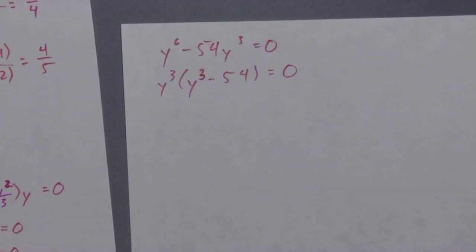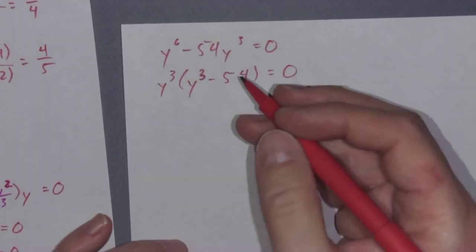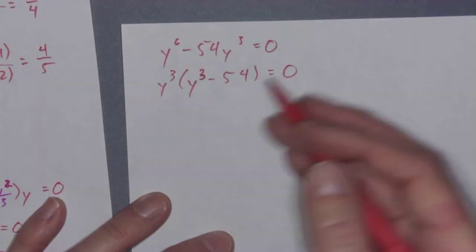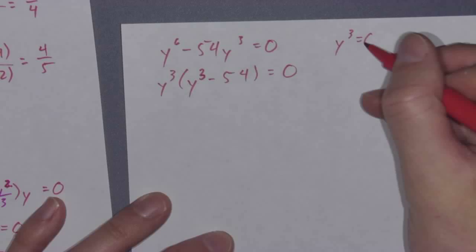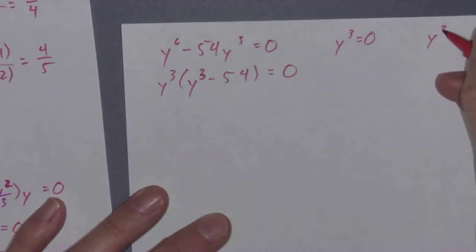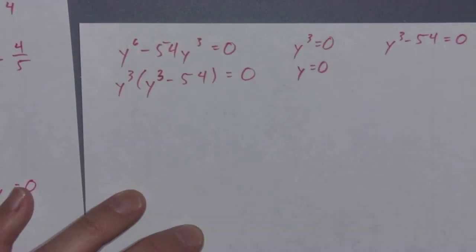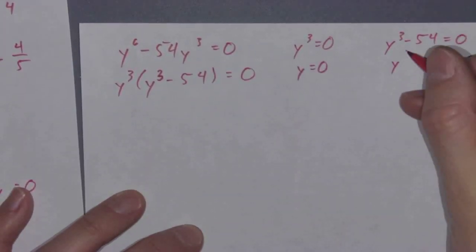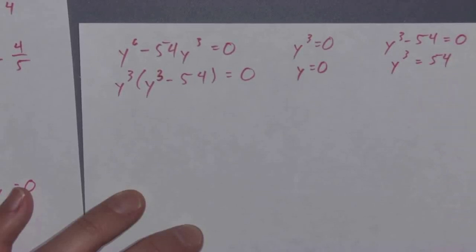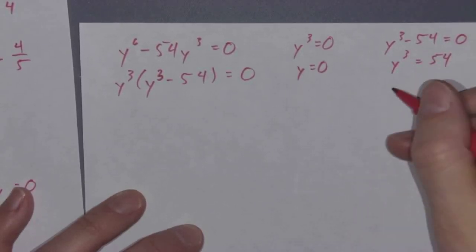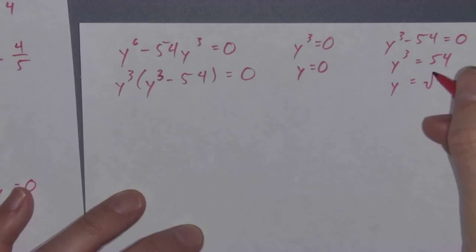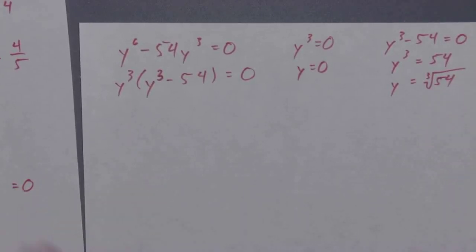Okay, so you've got two equations here: y to the 3rd equals 0, and then y to the 3rd minus 54 equals 0. You want to solve both of these. That guy's just 0. Now let's move the negative 54 over to the other side. So now we're just going to say y equals the cube root of 54.